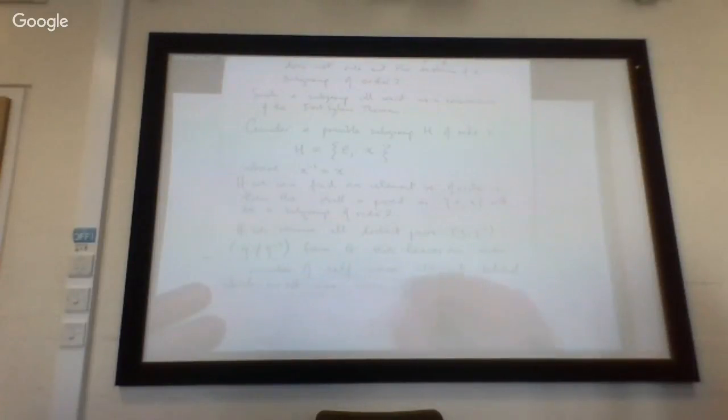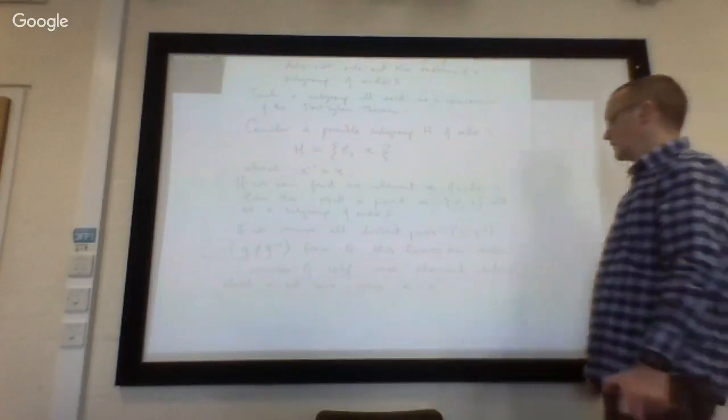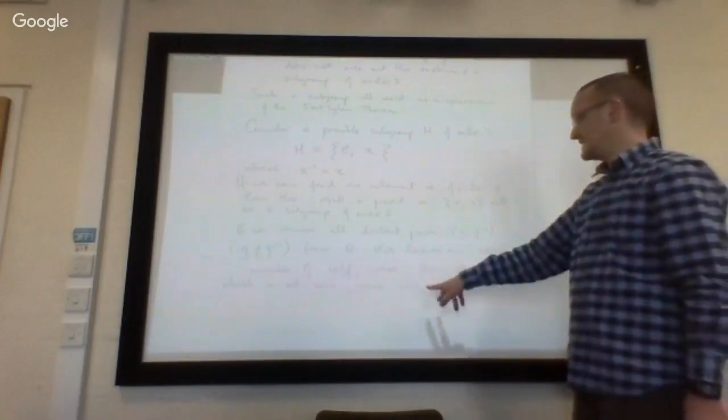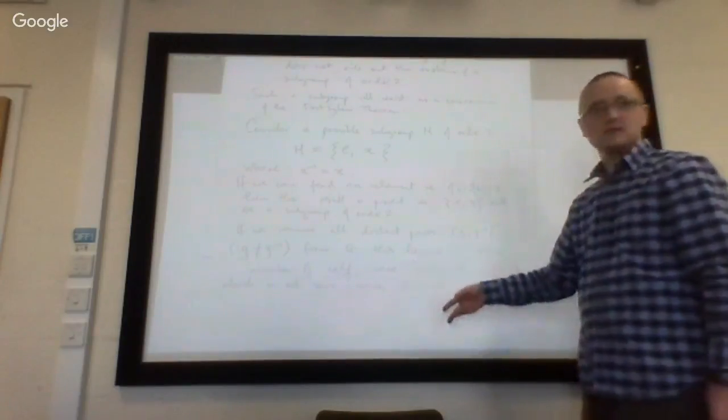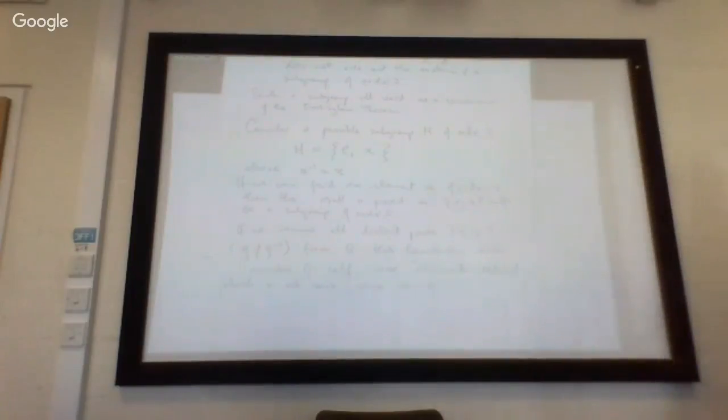Since e equals e inverse. Of course, the identity is not of order 2, it's of order 1, because e to the 1 is already the identity. So this shows that there must be an even number of self-inverse elements, and it's not 0, so there must be a non-identity element x.